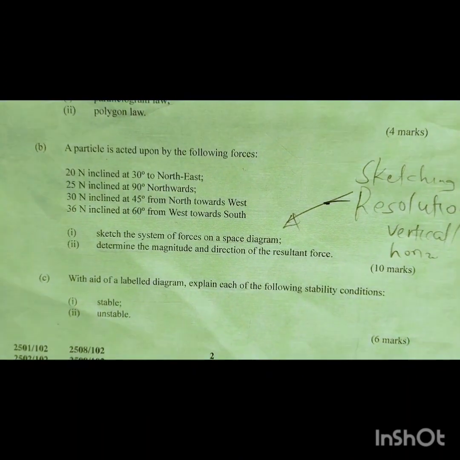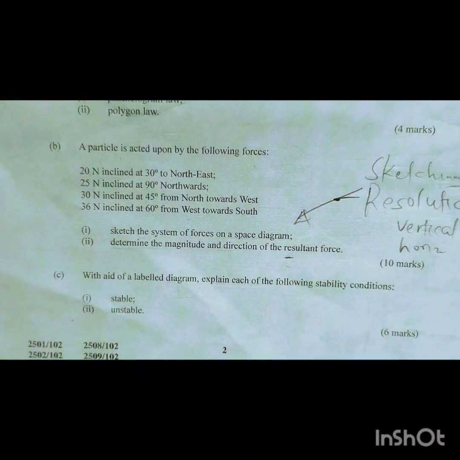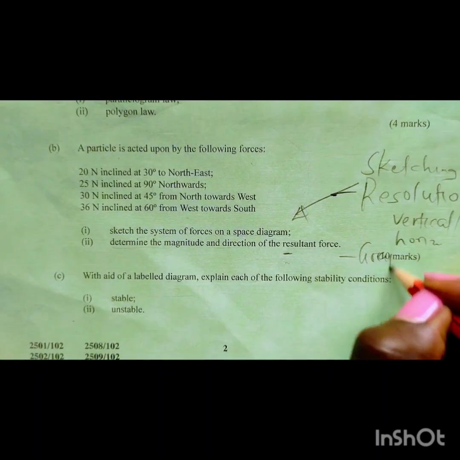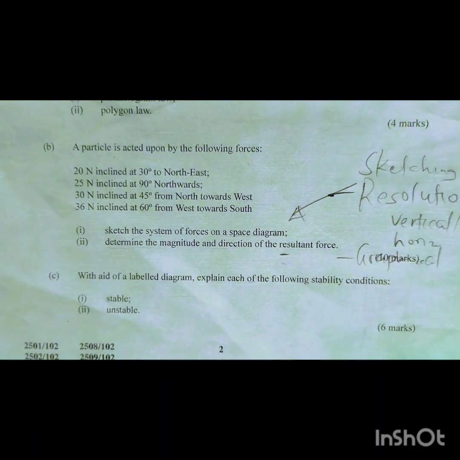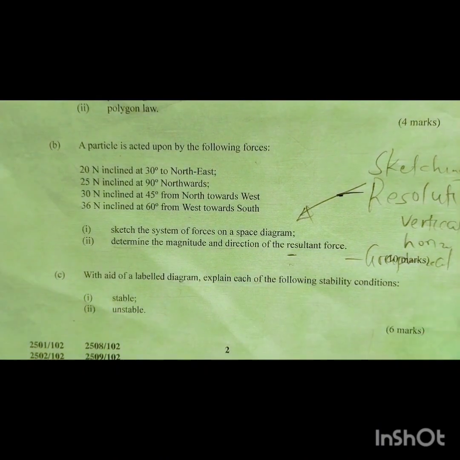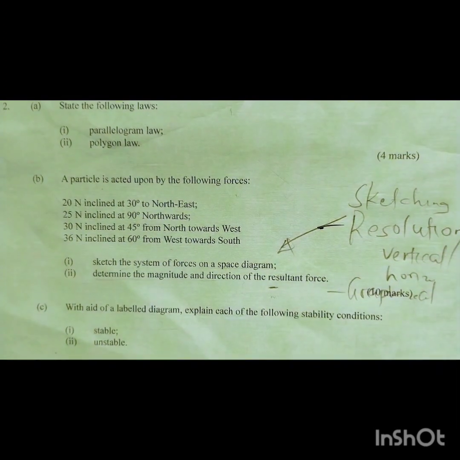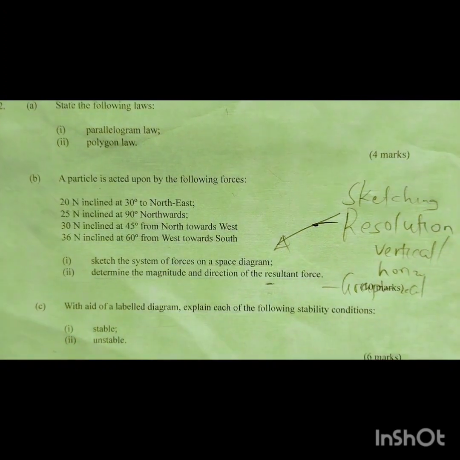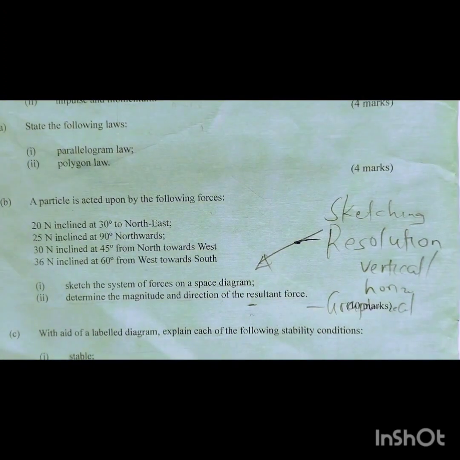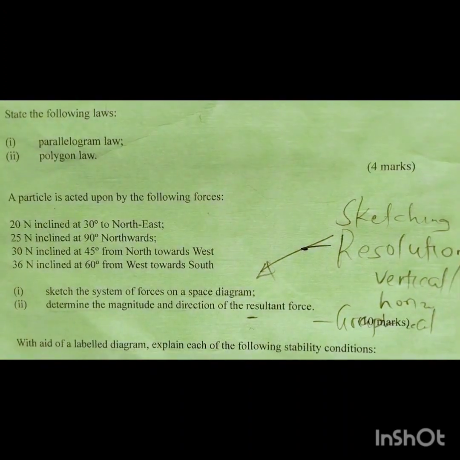And number two, we can as well approach this question by graphical method, that is by sketching the space diagram and putting it in form of a graph, considering the scale, and of course the scale depending on the magnitudes of the force that you have.